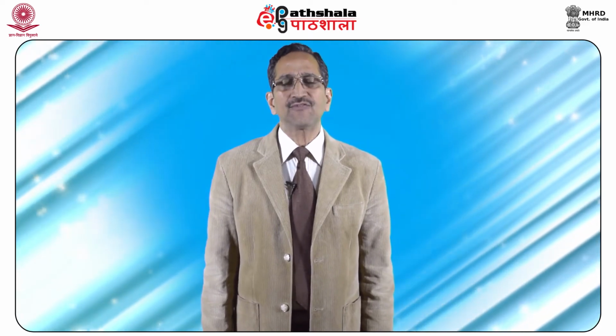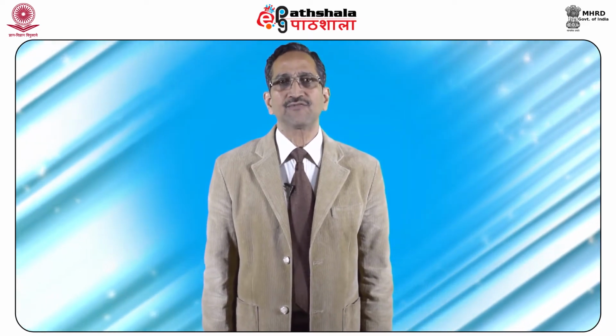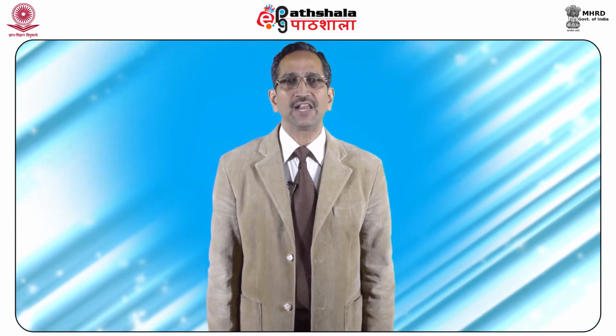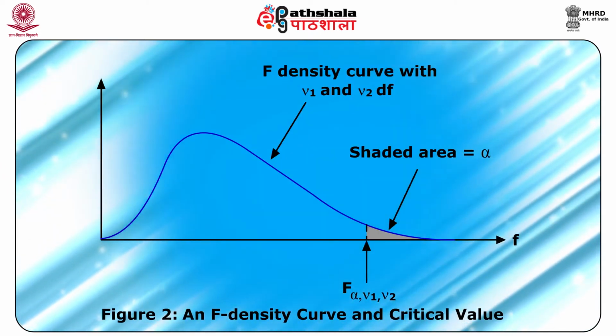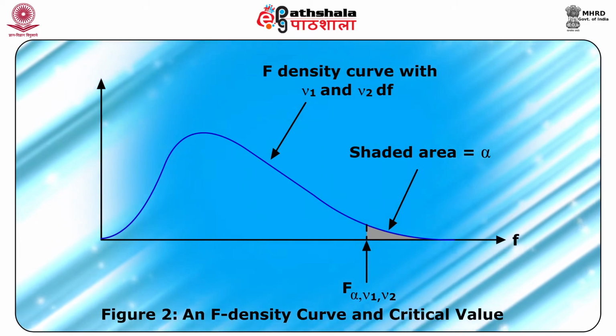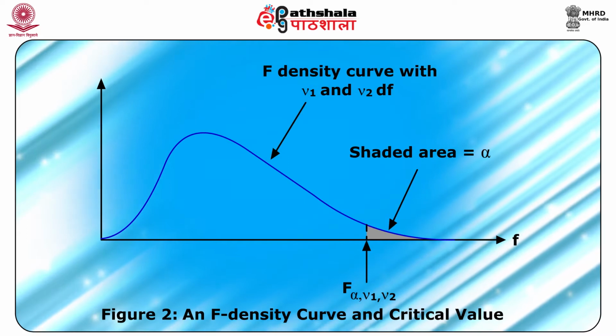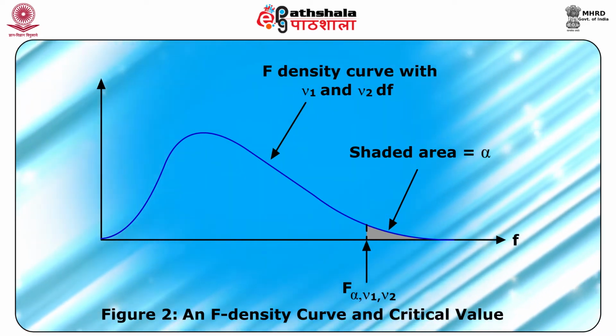To interpret F.10 for 6 and 10 equal to 2.46, for an F distribution with nu1 equal to 6 and nu2 equal to 10, the area under the density curve to the right of the value 2.46 on the horizontal axis is 10%. So you can see in this diagram that the shaded area, which is alpha, is the area to the right of the F value of alpha with nu1, nu2.